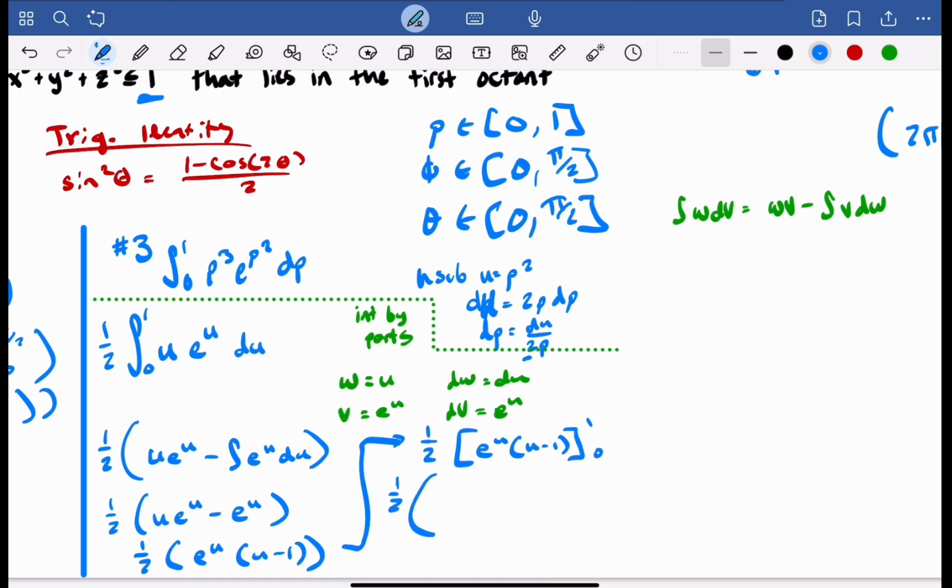Can solve this real quick and then be done with this. e to the 1 times 0, that's going to be 0, and then minus e to the 0, which is 1, times negative 1 is negative 1. So we're going to have half as our answer for this integral.